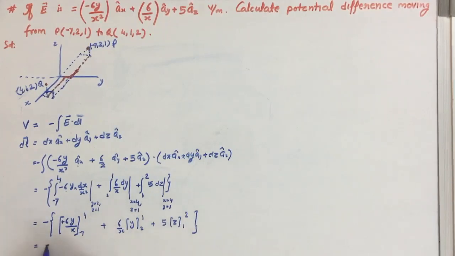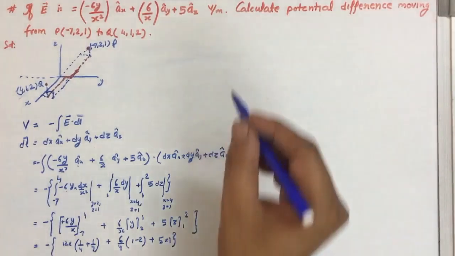In continuation, just write how much it will be. y is constant, that is 2, so 12 times (1 by 4 minus 1 by 7), plus 6 by x, where x is 4, y will be 1 minus 2, plus 5, z will be 2 minus 1, that is 1. Now simplify this.